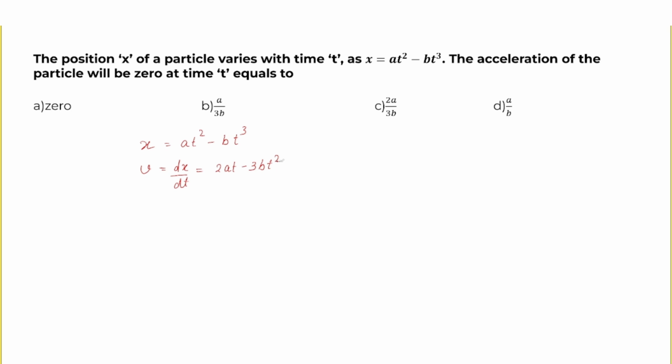On differentiating once again, we get acceleration, which is dv by dt, and that is equal to 2a minus 6bt. Now since they are saying that acceleration is becoming 0, it will be 0 equals 2a minus 6bt. So 6bt will be equal to 2a, or t will be equal to 2a upon 6b, which is equal to a upon 3b. So the correct option is option B.